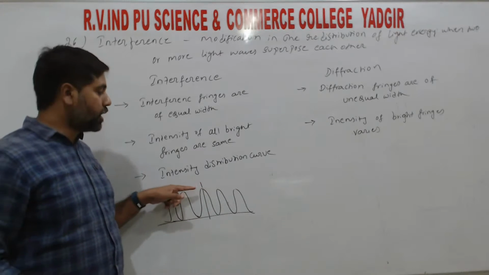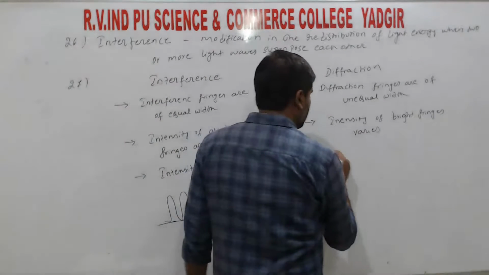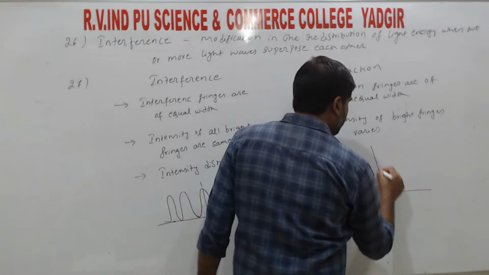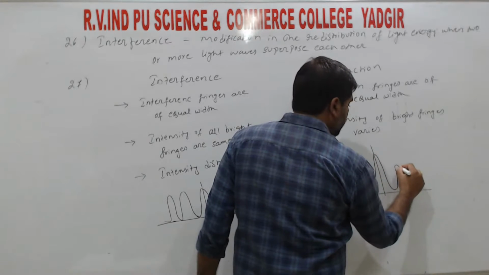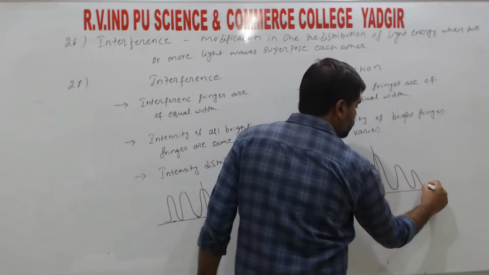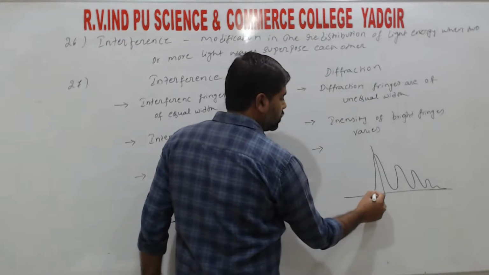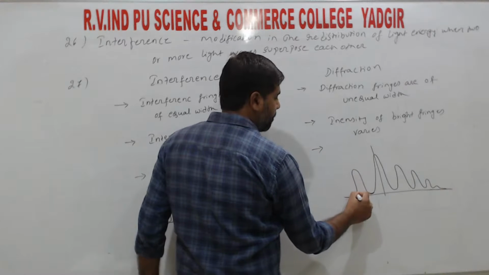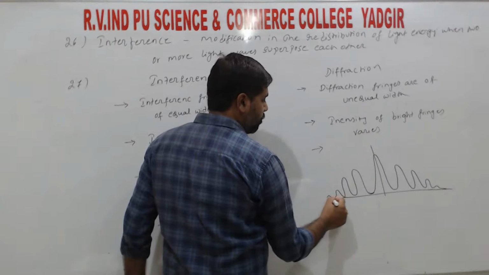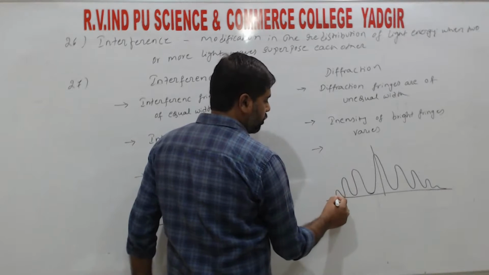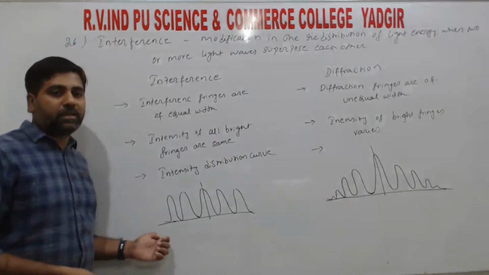But in the diffraction pattern, it is bright only at the center, and then it keeps getting dimmer, like this. So these are the 3 points.